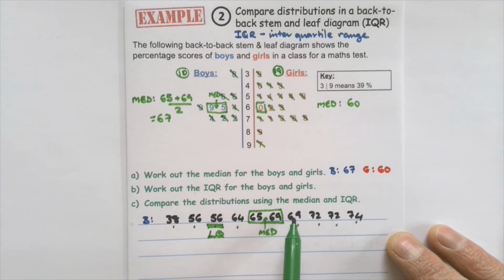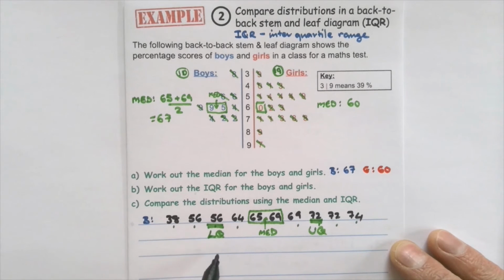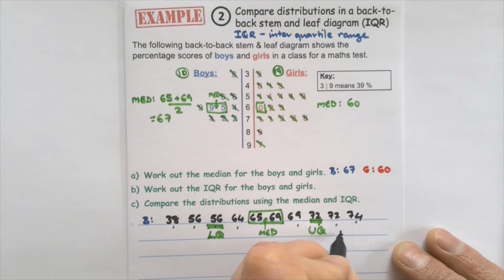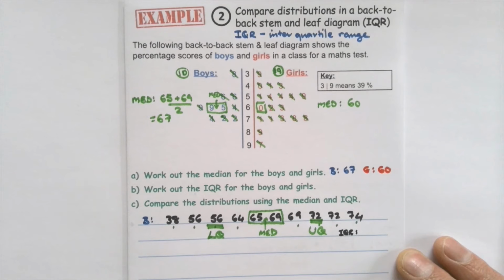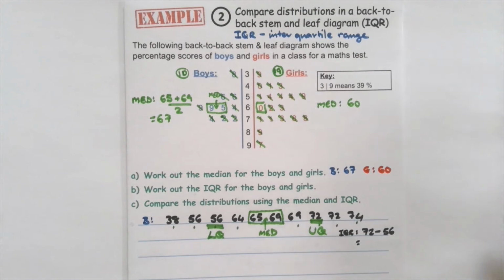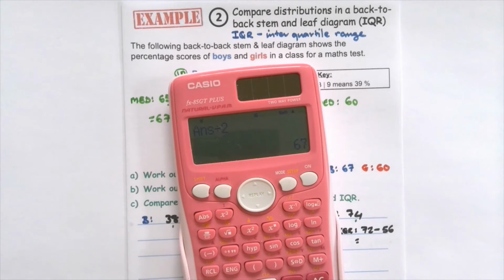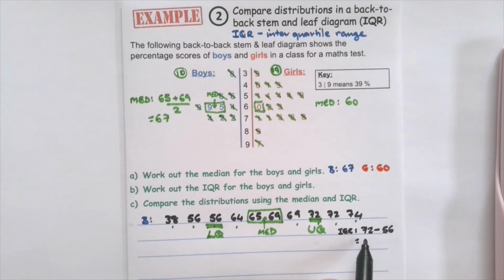And the same way again, this one here is going to be the upper quartile, right? So the IQR is going to be 72 take away 56, which is equal to 16, right?